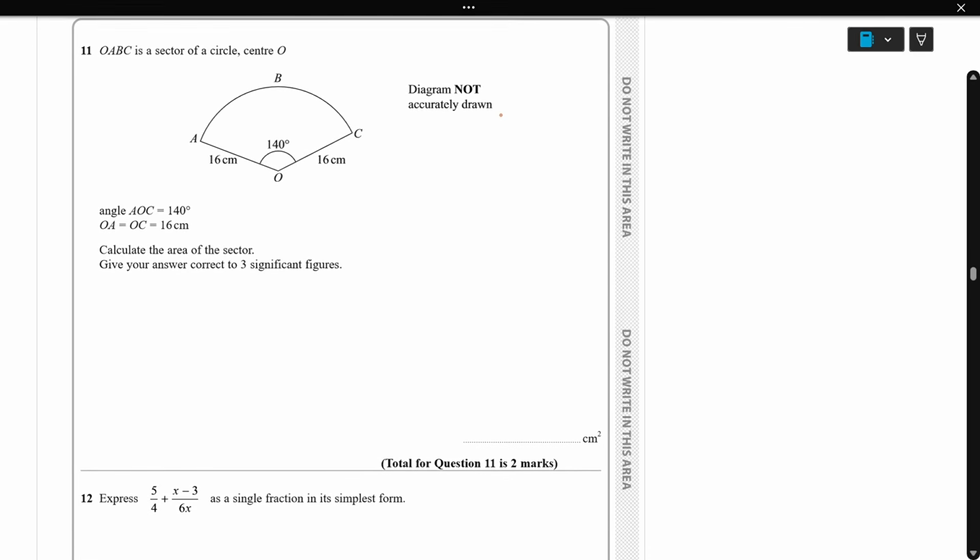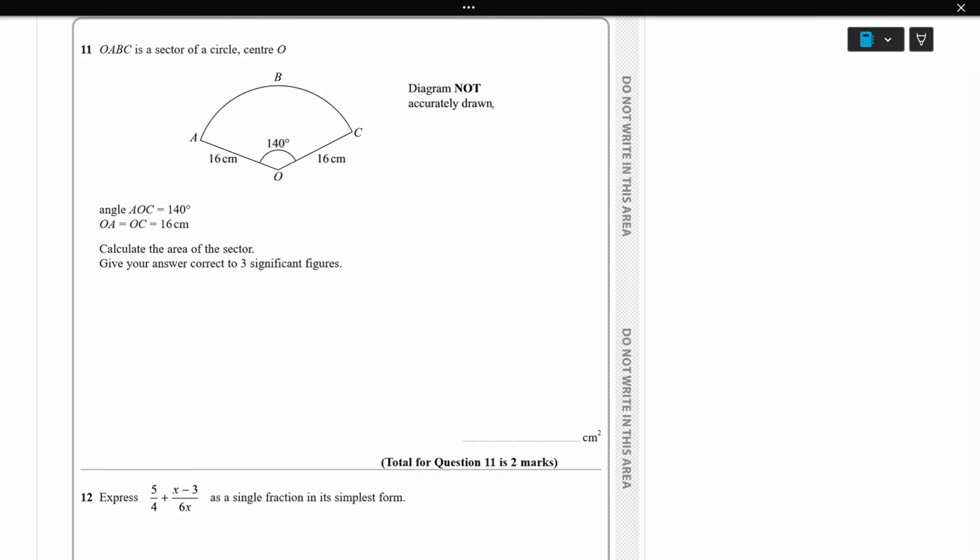Okay, the next question, 11. OAC is a sector of a circle, center O, angle AOC equals 140 degrees, OA equals OC, because the radius is the same, 16. Calculate the area of the sector. The area of a sector formula is theta over 360 times pi r squared. Here theta is the angle, 140 degrees over 360 times pi times the radius, which is 16 squared.